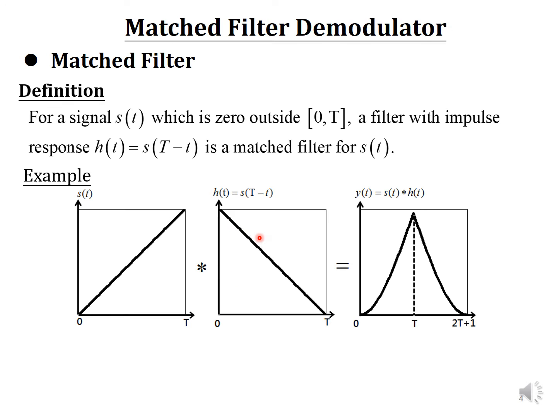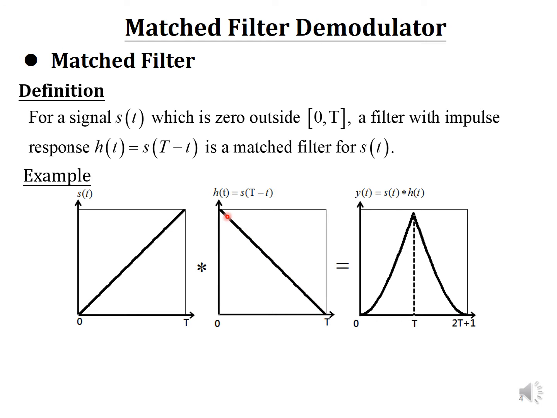It looks like this. It's a flipping of s, right? Flipping s to the other side, flipping with negative t means a mirror flipping, and then shifting to the right by capital T. So that would be h(t).